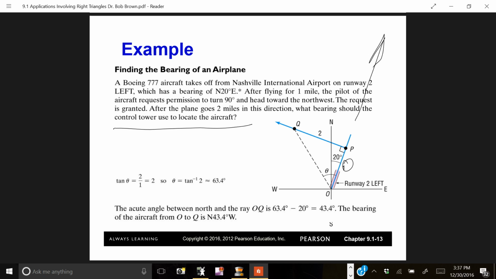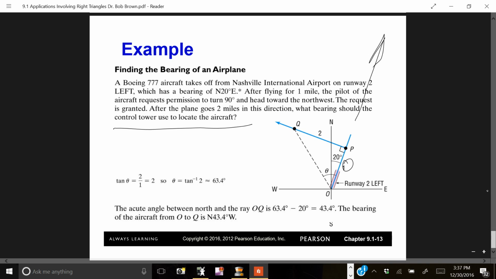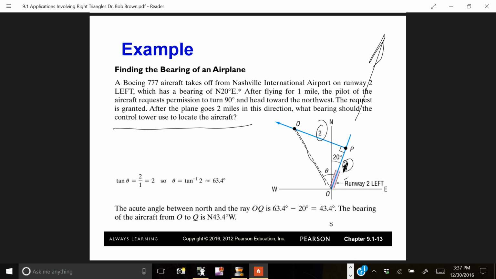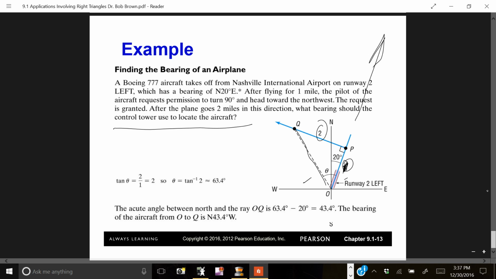So, drawing a triangle here, we have side 2, side 1, and we want to know what the bearing should be. First of all, we should figure out what angle theta is. And notice that tangent of theta equals 2. So theta is equal to inverse tangent of 2, which is 63.4 degrees.